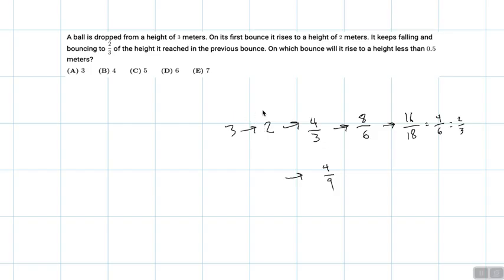So this is bounce 1, 2, 3, 4, bounce 5. This is less than 0.5 meters. So I'd say answer choice C.